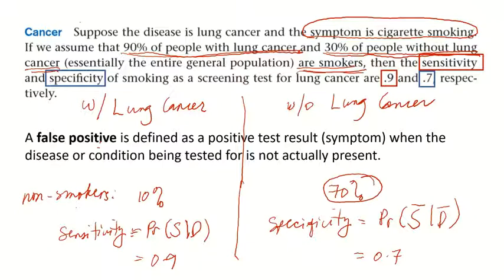Why? Because too many people without lung cancer are smokers. Imagine 30% of them are smokers and they don't have lung cancer. In other words, the specificity that you see here is quite low, 0.7 or 70%. So you cannot use smoking alone to predict if someone has lung cancer.